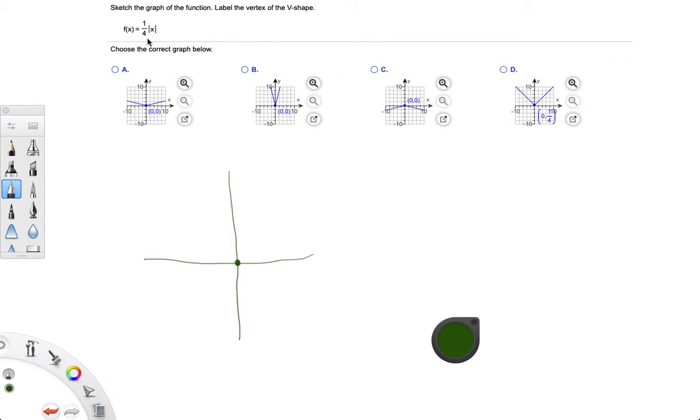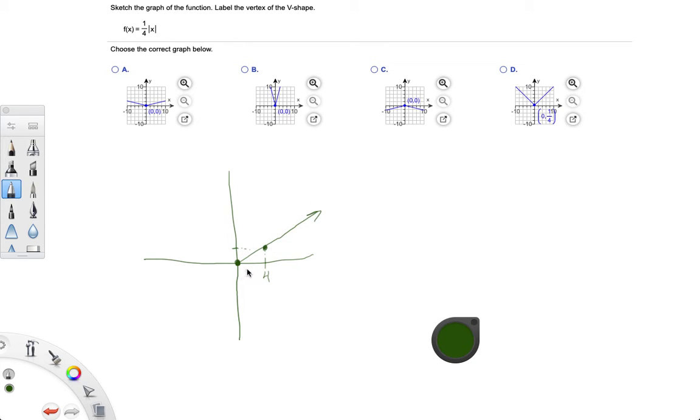Let's go over to positive 4, because if I put in a 4, it makes this a 1. So we have a point right here at (4, 1).